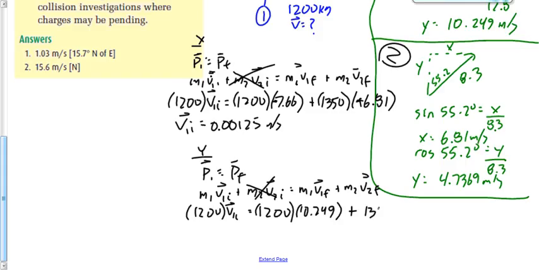Object number 2 has a y velocity of 4.7369. We do that, we end up getting V1I is 15.578 meters per second. All right, so it's moving at 1.25 millimeters per second on the x-axis before the collision and 15.5 meters per second on the y-axis.